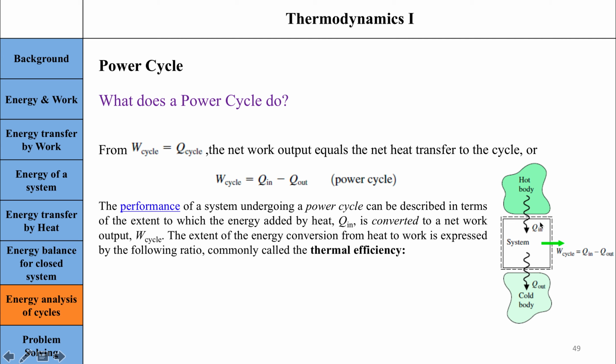We are transferring in heat, and it depends on the system how much of this heat it can extract and convert into work. The more it does that, the higher the thermal efficiency of the system is going to be.